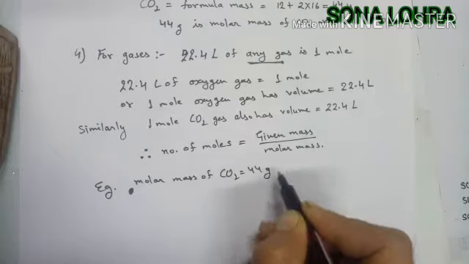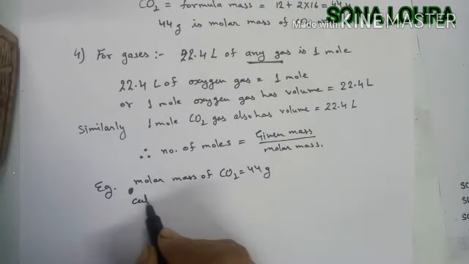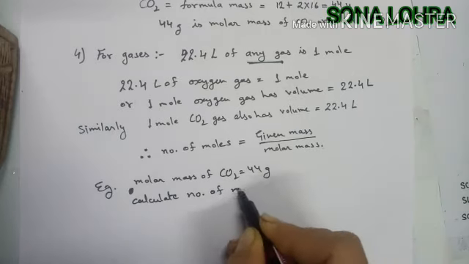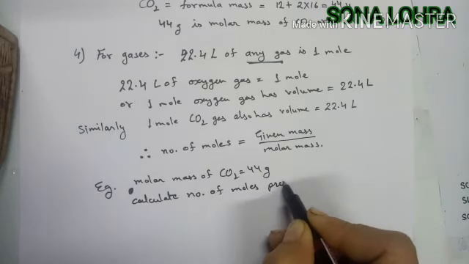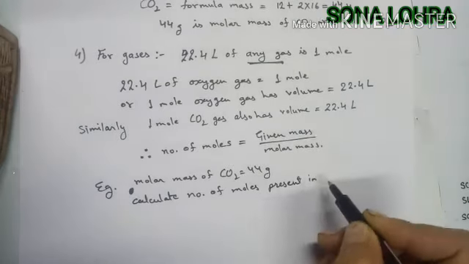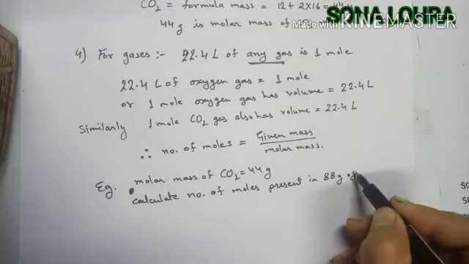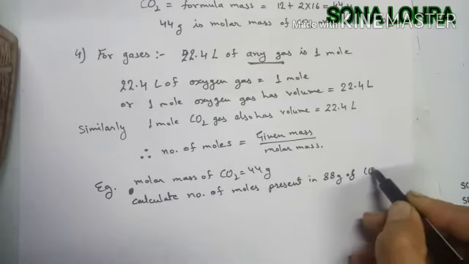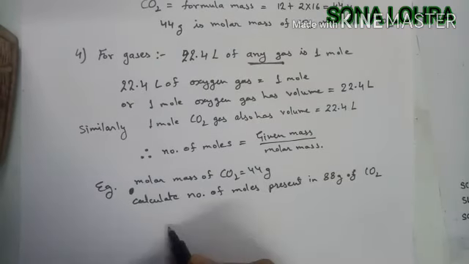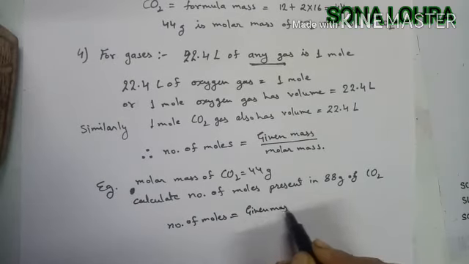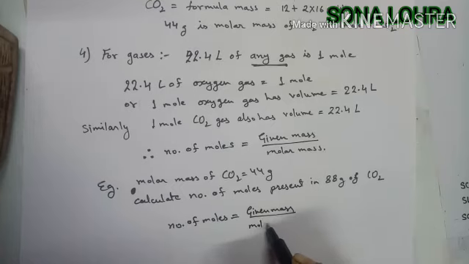As we know that the molar mass of CO2 is equal to 44 grams. How can we calculate the number of moles present in 88 gram of CO2? Here the given mass is 88 gram, and the molar mass, that means mass of 1 mole of CO2, is 44 gram.